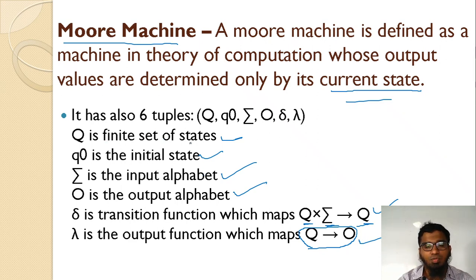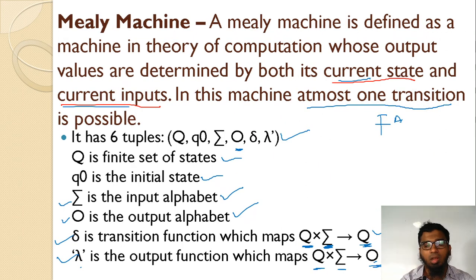Q is a finite set of states, Q0 is the initial state, sigma is the input alphabet, and capital O is the output alphabet, and delta is a transition function which maps Q cross sigma to Q. Delta is the output function which maps Q to capital O. So this is about the Mealy and Moore.